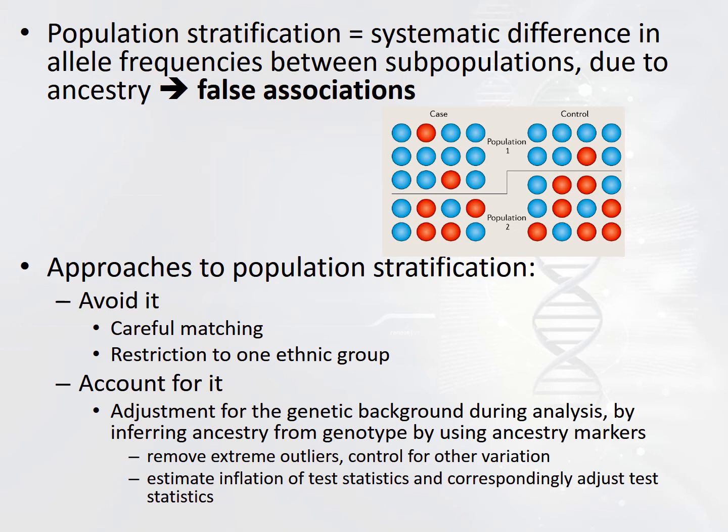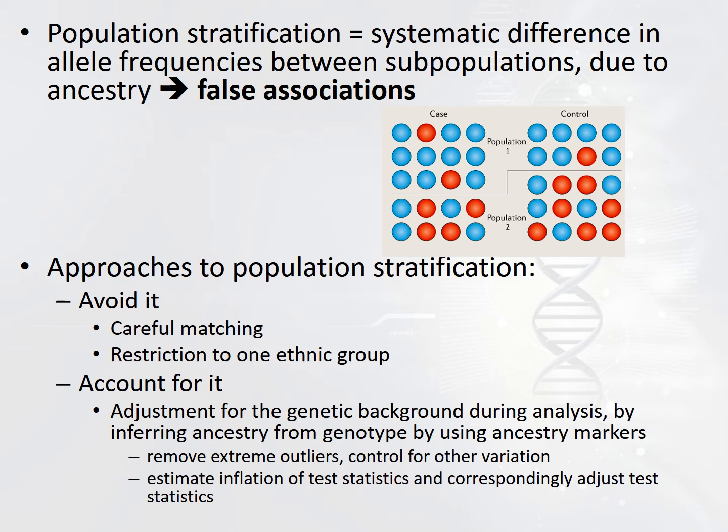So genome-wide association studies will end up showing that every SNP that is specific to that ancestral group is statistically associated with the disease only because of the structure and stratification of our sample, and not necessarily because it has a real association with the disease, where it can change the risk for that particular disease. So population stratification is a big problem, and it needs to be addressed in different ways.